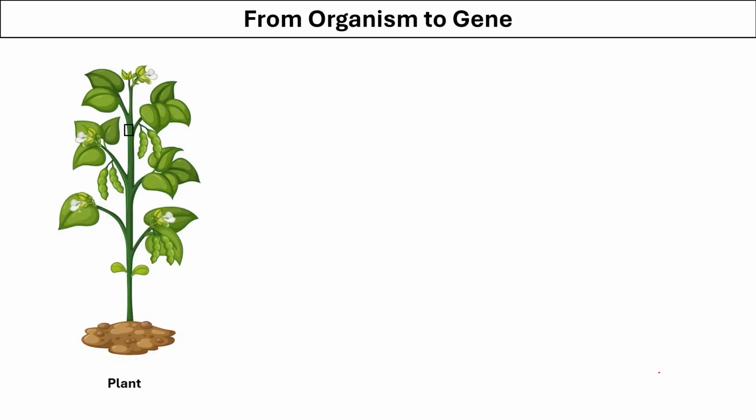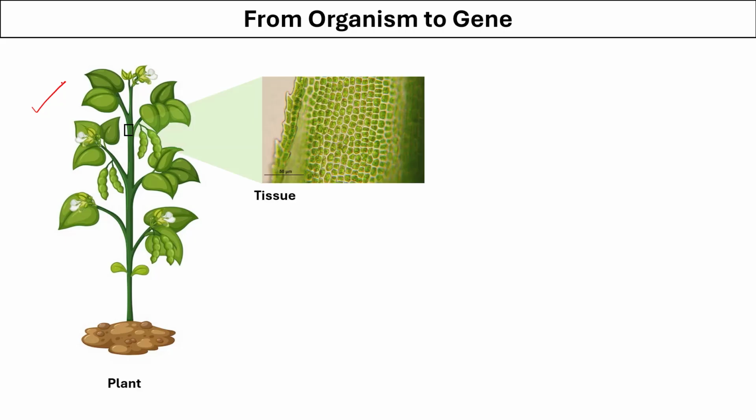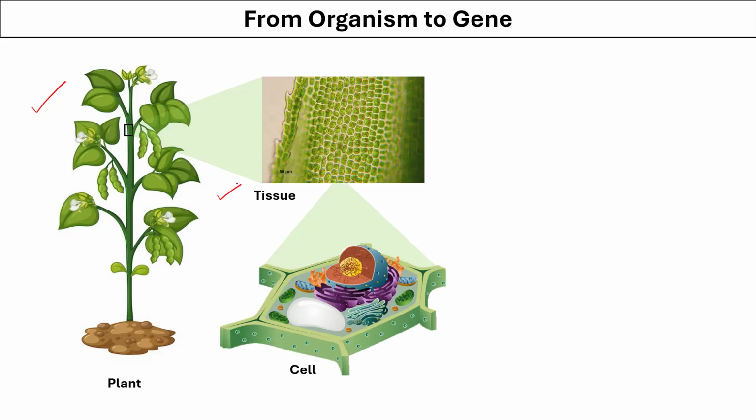So what are broadly the concepts behind the genetics? Every organism, here we are talking about a plant, is made up of tissues. Tissues in turn are made up of cells. Plant cells are present in plants.